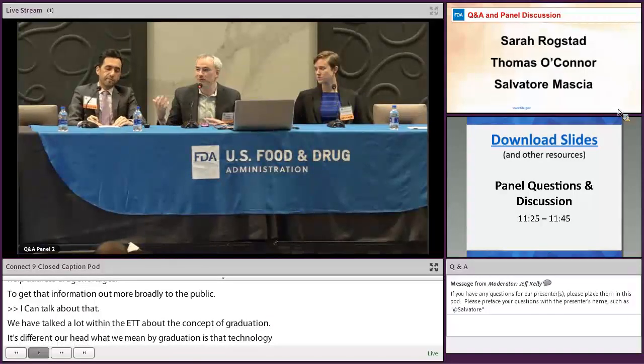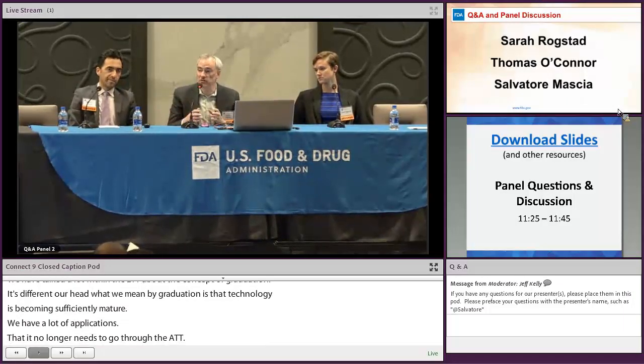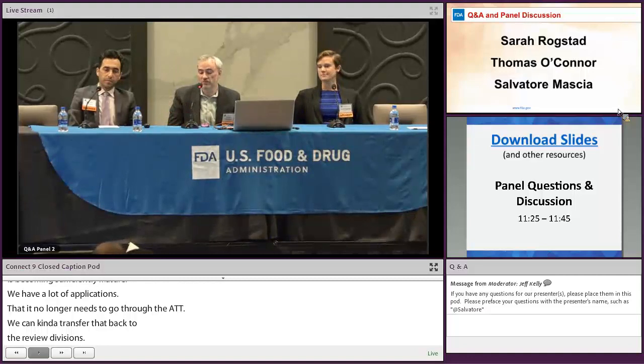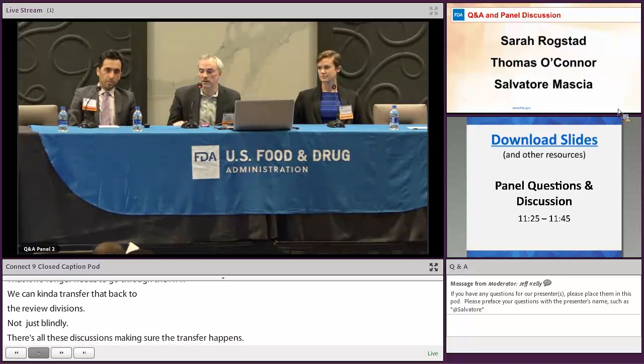We've also drafted guidance, maybe, and we can transfer that back to the review divisions. Not just blindly; there's training, taking all the learnings and discussions, making sure that knowledge transfer happens, documenting everything we've done as far as research, the conversations, the applications, and then moving that back to the normal review paradigm. So we are currently developing processes to help us do that.